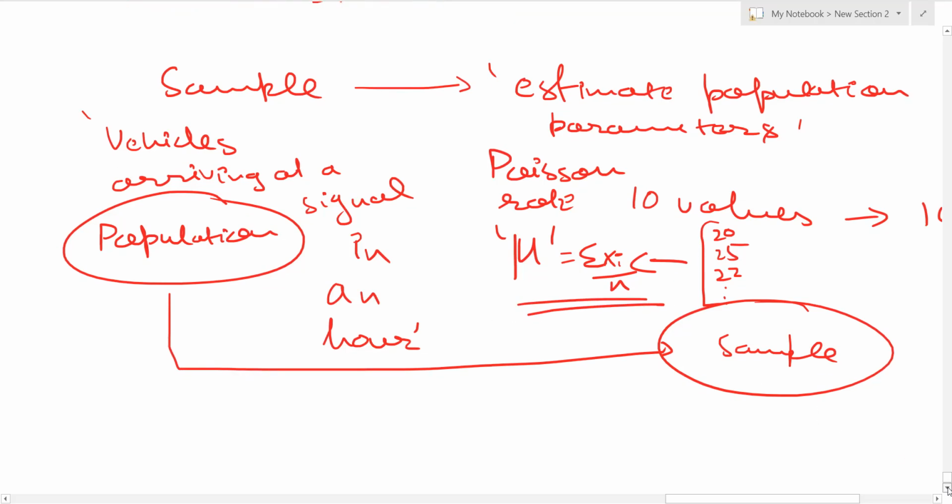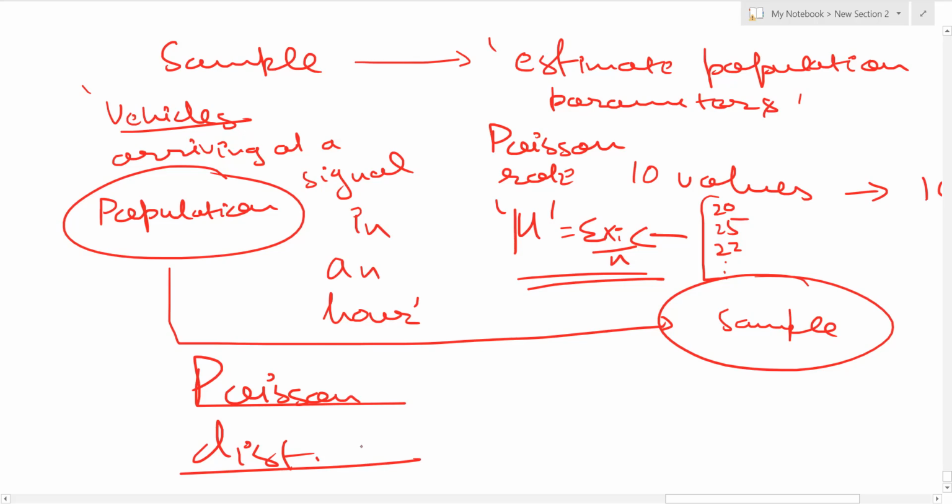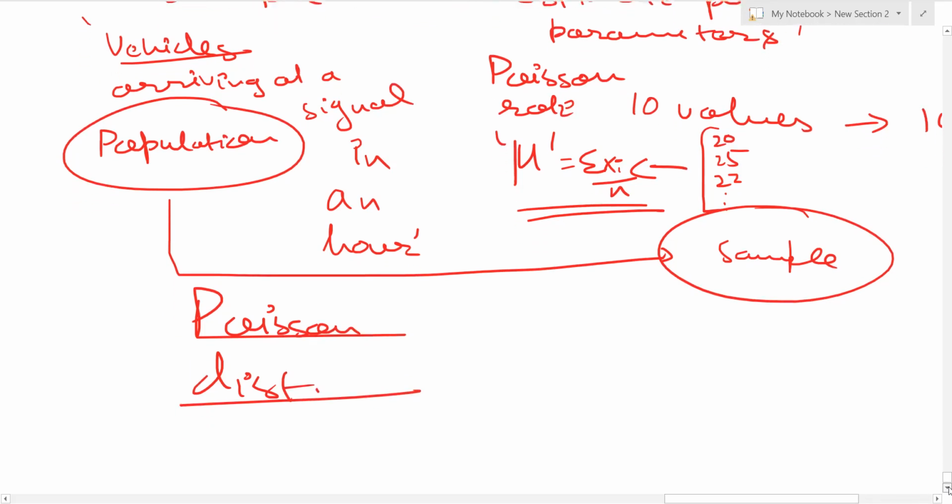Now here we took an assumption initially. If you realized it, I assumed that the vehicles arriving at a signal in an hour have a Poisson distribution. This was my biggest assumption, that is, they are arriving at a constant rate. But what if this assumption is incorrect?